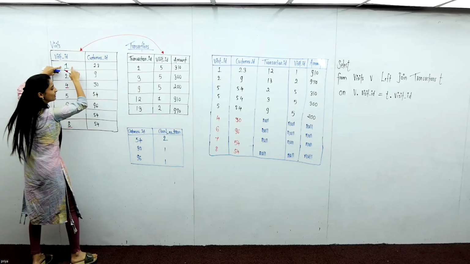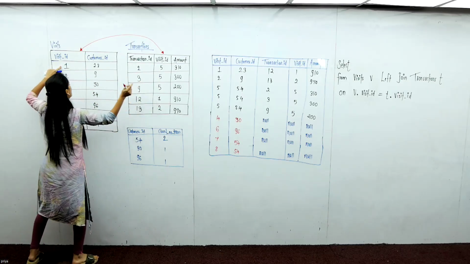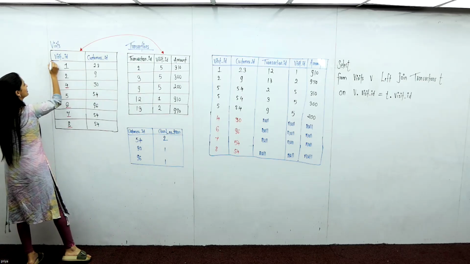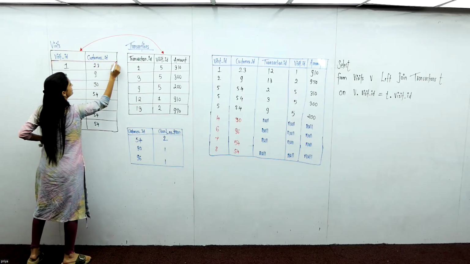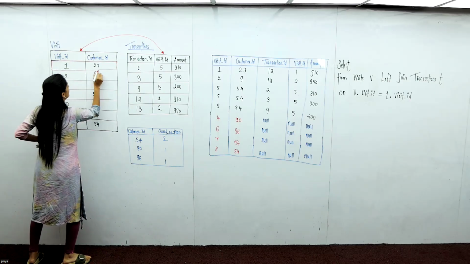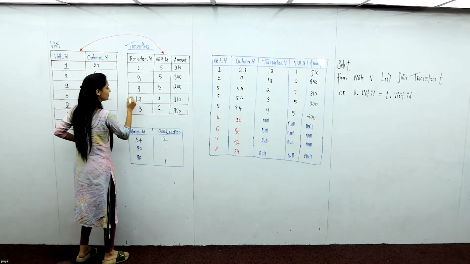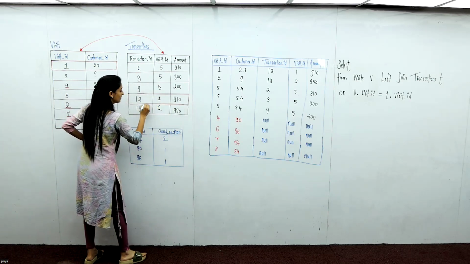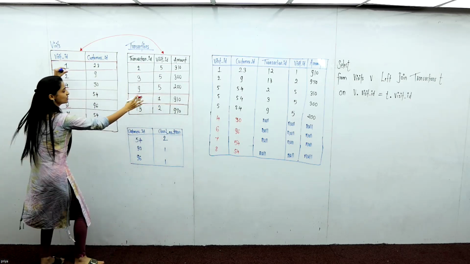No. Is 1 matching with 1? Yes. Whenever 1 gets matched, we fetch this entire row, and inside this table, where it got matched, we fetch this row. These two rows we will combine here.